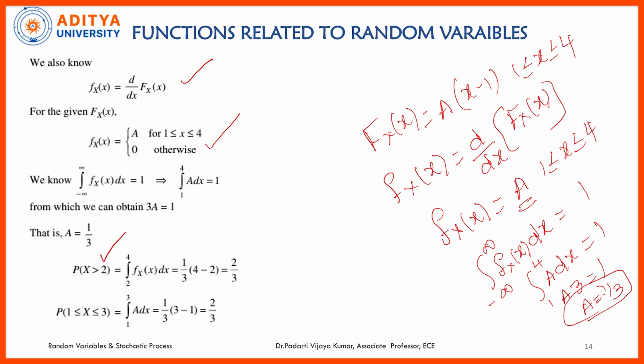Similarly, if I want to compute the probability of X greater than 2, the density function is defined over the limits 1 to 4, so the minimum limit is 2 and the maximum limit is 4. The area under this density function is the integral from 2 to 4 of f_X(x) dx. The constant is a, so integrating and substituting the limits, a(4 − 2), so 2a means 2/3.